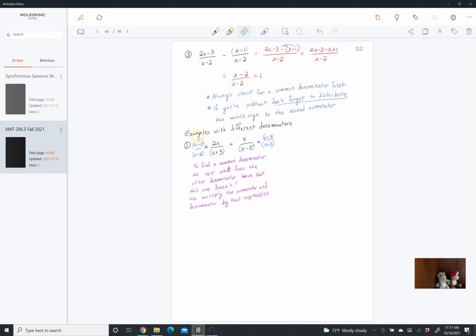Okay, so we multiply the numerator and denominator by x minus 5. Why do we do that? Because we don't want to change any values.